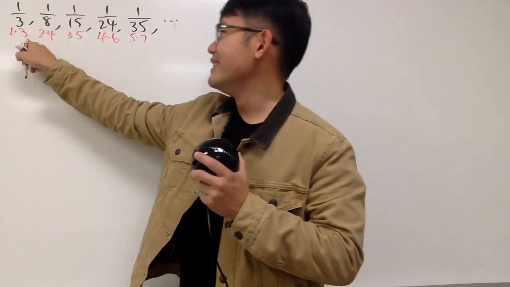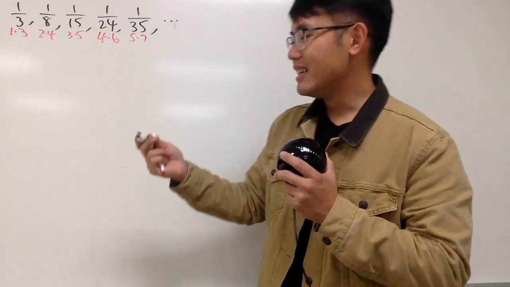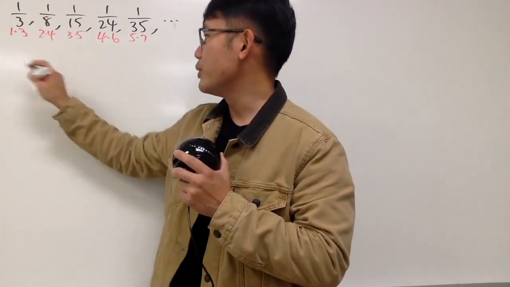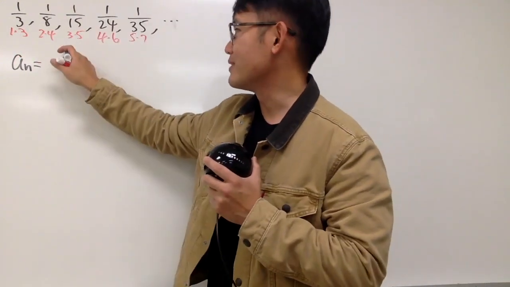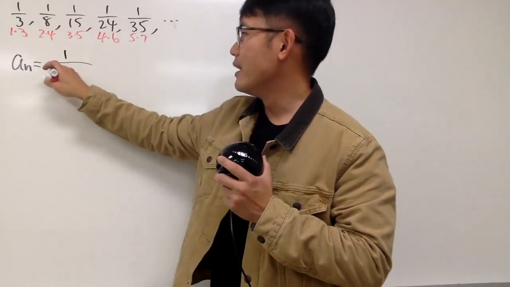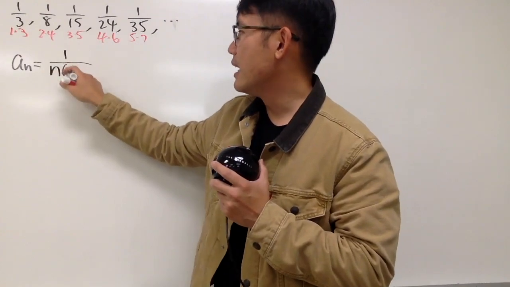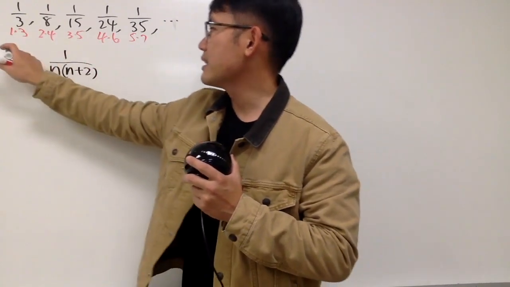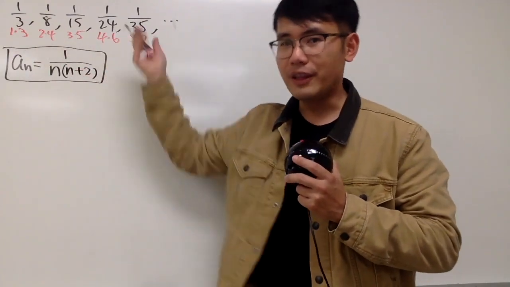And this number that we multiply is just 2 more than the term that we are talking about, right? So right here, we can see it pretty clearly now. a_n is equal to 1 on the top, so that's very nice, over n, and then we multiply by n plus 2, like this. So here is the explicit formula for that.